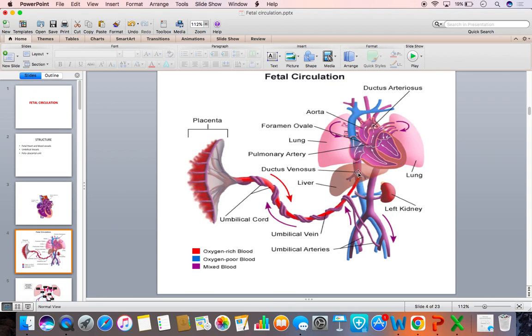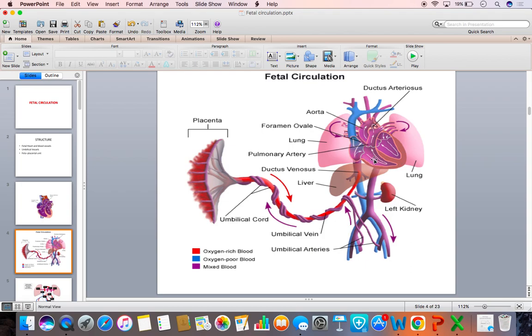Okay, inferior vena cava as such empties into the right atrium. From the right atrium, the blood flows to the left atrium directly through the foramen ovale, an important structure in the fetal heart. And a part of this inferior vena cava blood is pumped into the right ventricle.